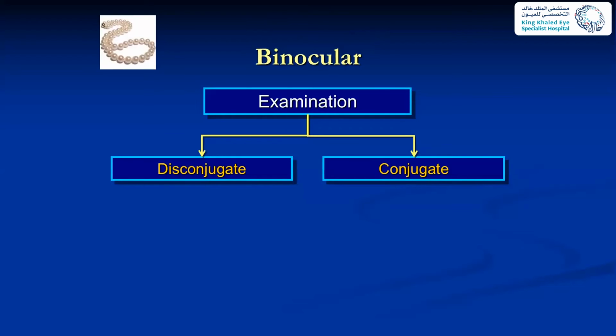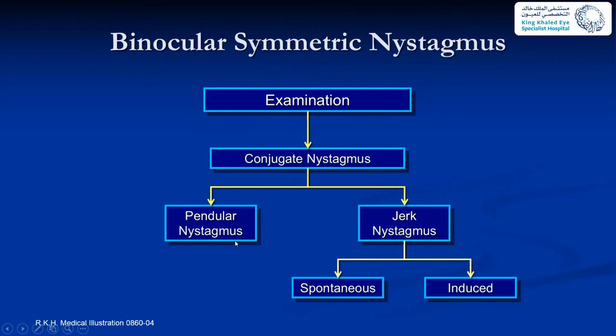Conjugated means that both eyes go with the fast phase in the same direction. While in disconjugated, one goes in this direction, the other goes in the other direction, or one goes up, the other goes down. So this is the difference between conjugated and disconjugated.